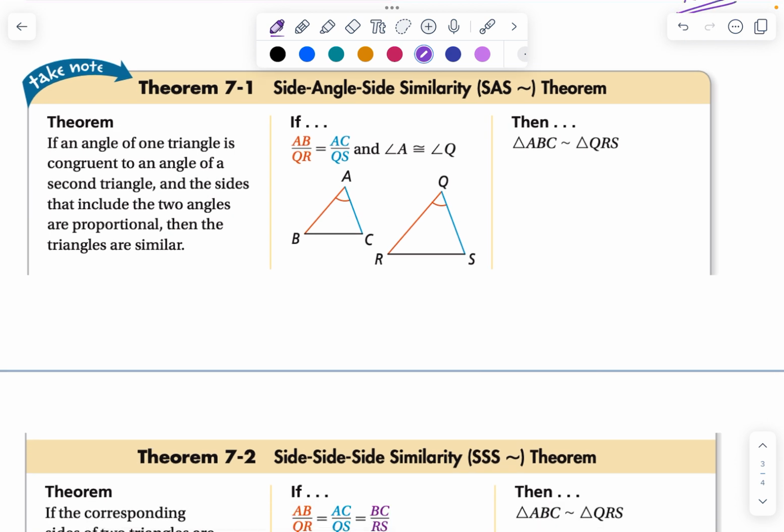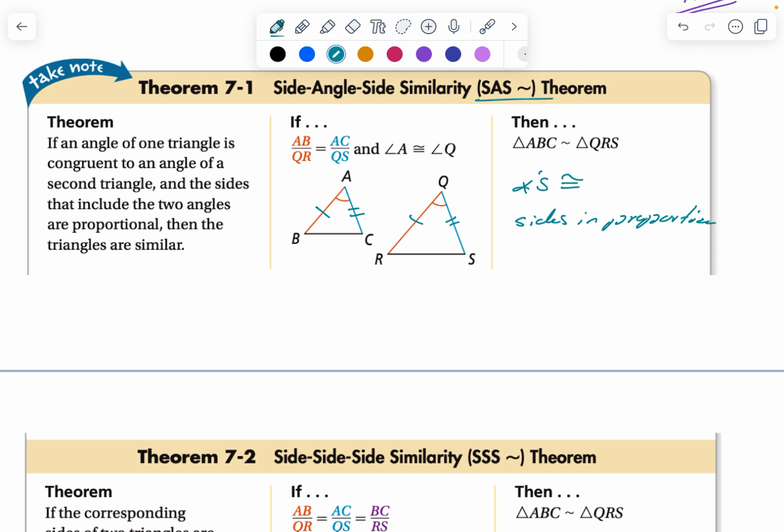Now, just like with proving triangles congruent, we have the SAS. It's like side, included angle, side. They've got to all be in a row together. But remember, the angles are congruent, but the sides have to be in proportion. So we've got to show that.